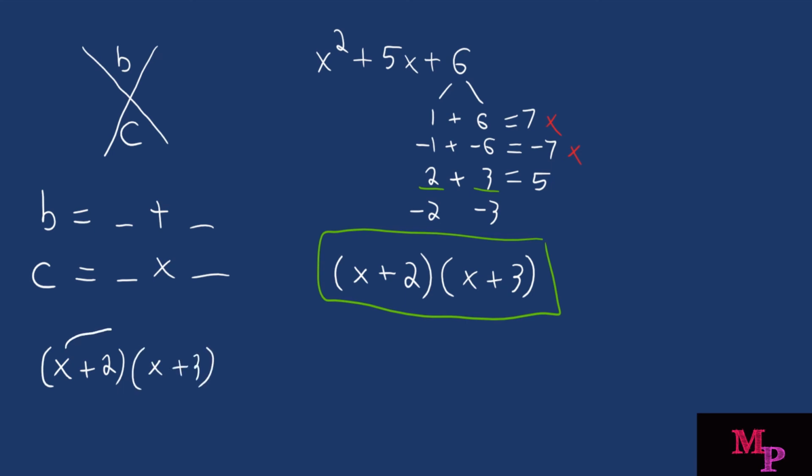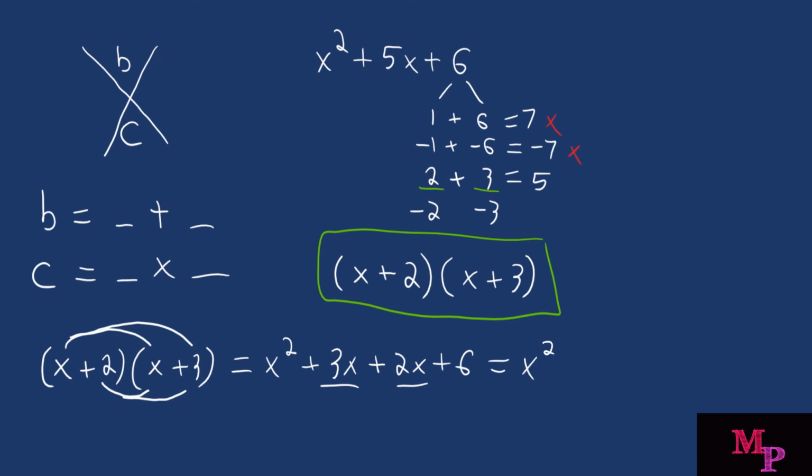So x times x and x times 3 is going to give you x squared plus 3x, and then 2 times x and 2 times 3 is going to give you 2x plus 6. And then when you combine like terms, you're going to be left with x squared plus 5x plus 6, which is the same equation that we started off with. So that's how you could check to verify that you did it right.